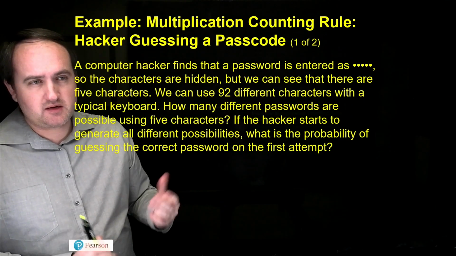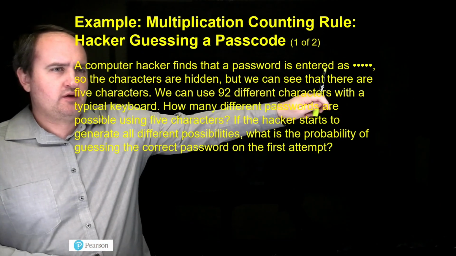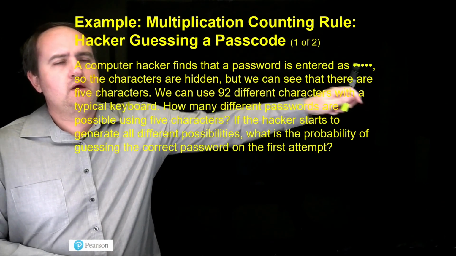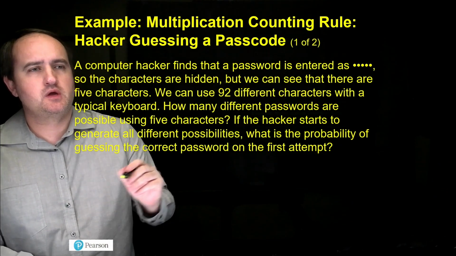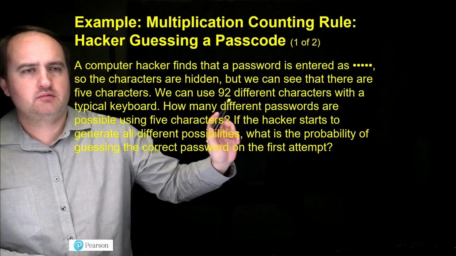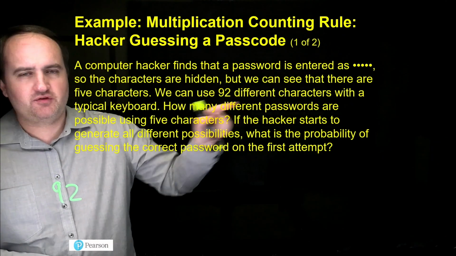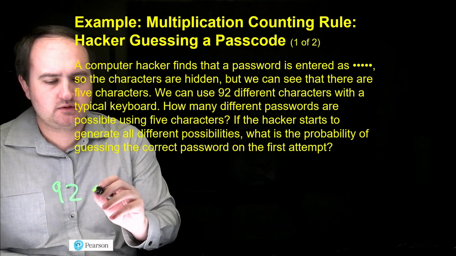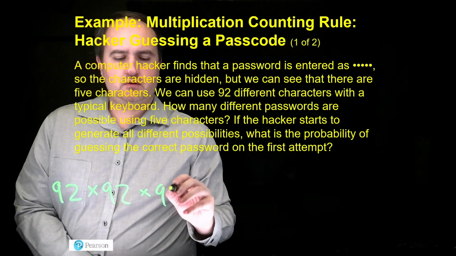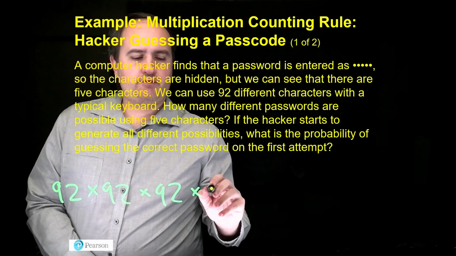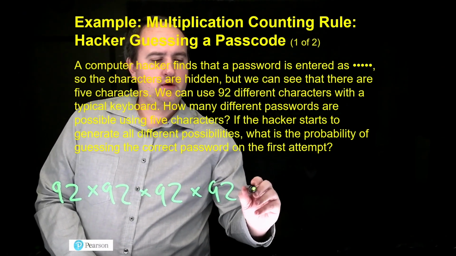Because there are 92 different characters for each digit, to count the total number of possible passwords we take 92 choices, and because there are 5 digits, we do 92 times 92 times 92, a total of 5 times. So 1, 2, 3, 4, 5.